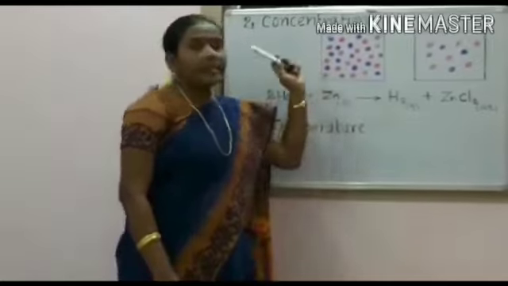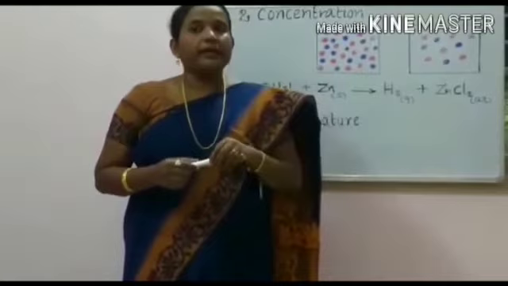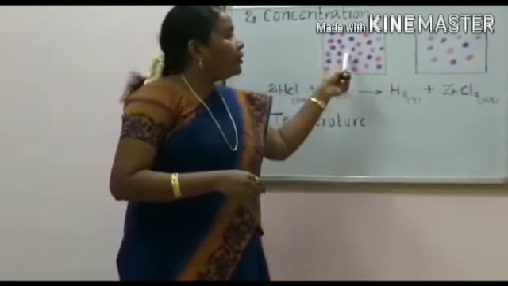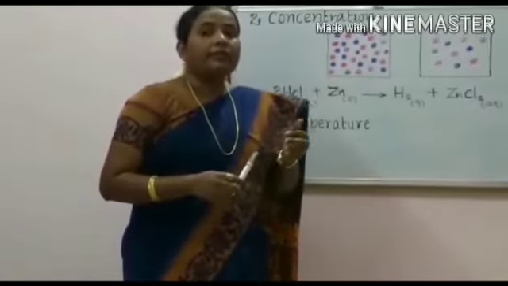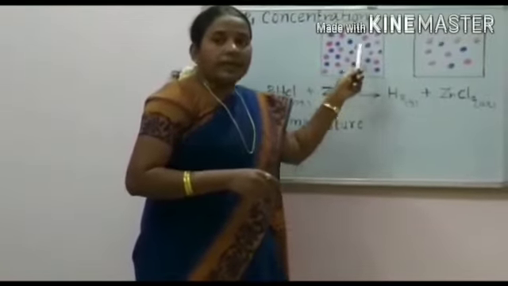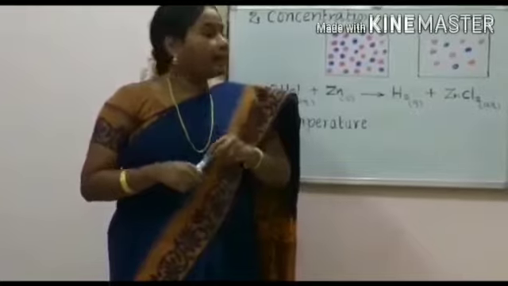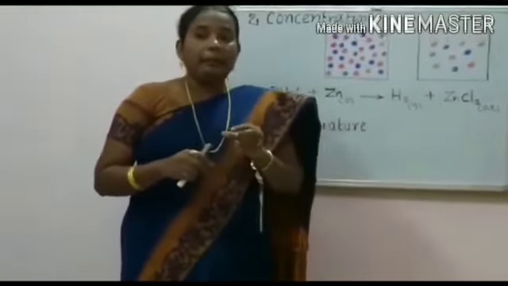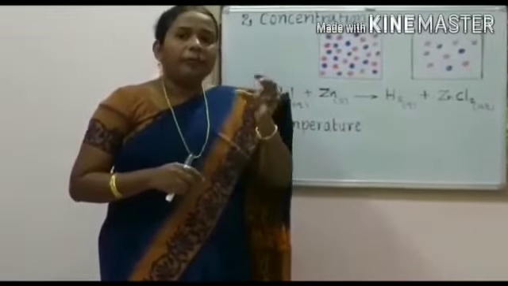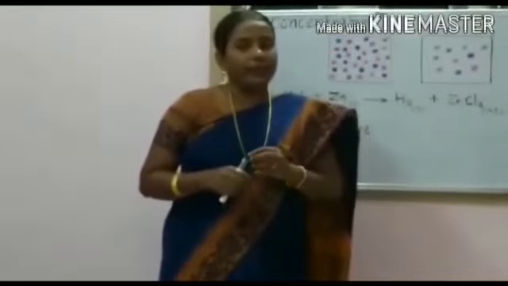Next factor is concentration. When we increase the concentration of the reactant, the rate of the reaction also increases. On the left, we have the sample with high concentration. There are many particles that will have the chance of colliding with each other. On the right, we have the sample with low concentration. We have fewer particles. They have less chance of collision between them.